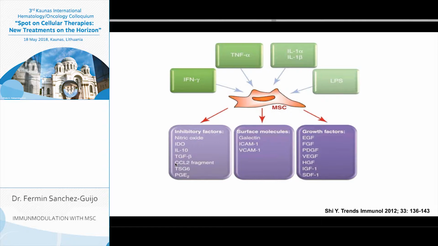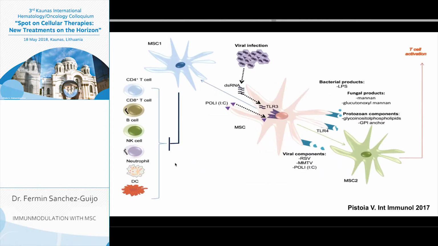But the thing is also complicated because, depending on the stimuli, the MSCs can do both immunomodulation and also immune activation. So there are some toll-like receptors that are activated by infectious agents that can turn MSCs into a phenotype that activates T cells, although most of the stimuli drive the cell to an immunomodulatory role.